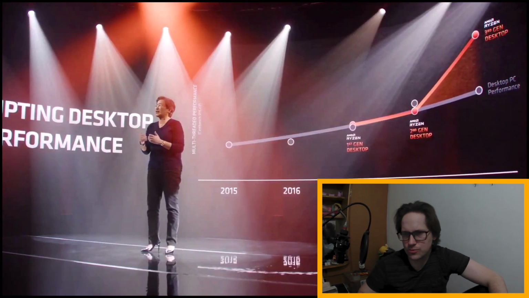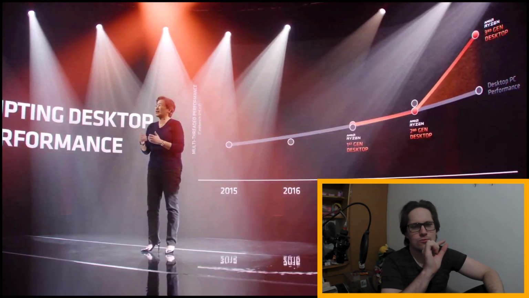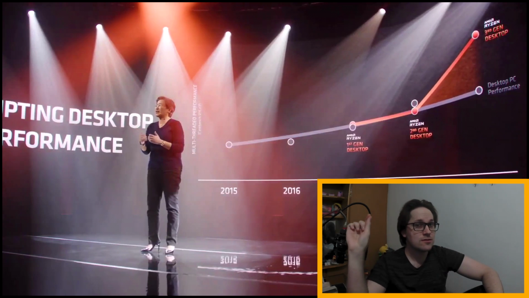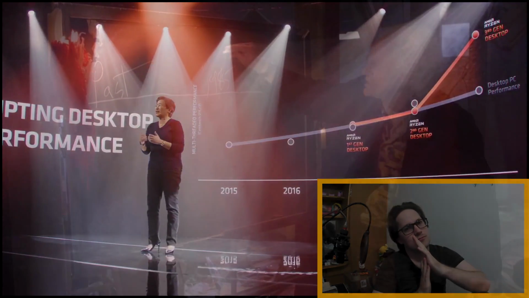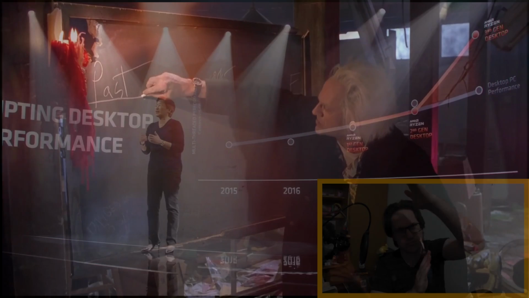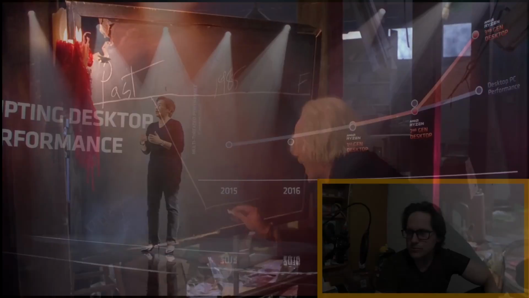So first up, we have a pretty graph. How it was explained was, through the years, this is how it would have been if Ryzen didn't happen. And then they showed the tangent skew off, and it shows what had happened.